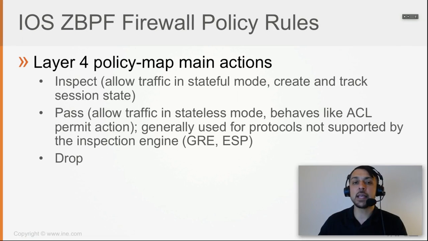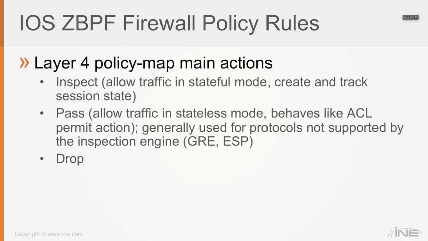In general, we're going to see that the pass action is used either with the self zone, or for data plane traffic it should be used only for traffic which doesn't support the inspect action. We're going to see why that is. So the router cannot statefully inspect GRE or ESP traffic at this point.